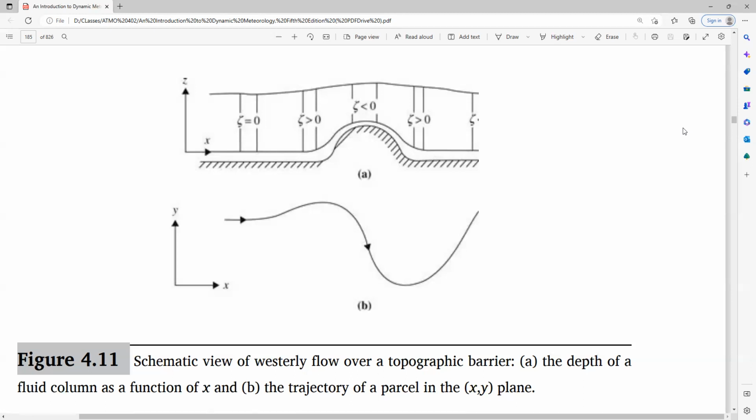So when you talk about air over the mountain, density should change, but here we say density constant. So that is an idealized situation. Okay. And when the airflow moves from the west to east, at the first hill, the layer will be lifted a little bit. The column will be lifted a little bit.